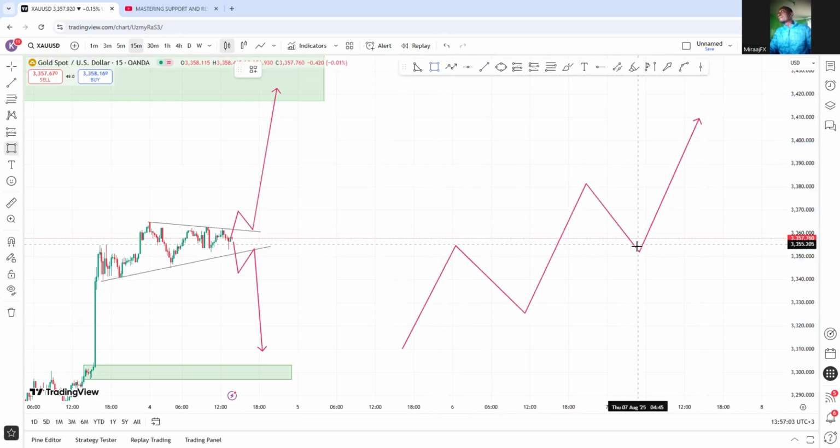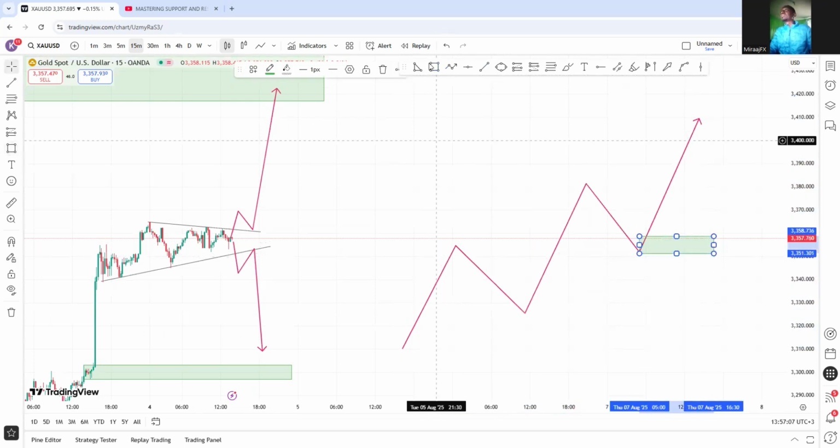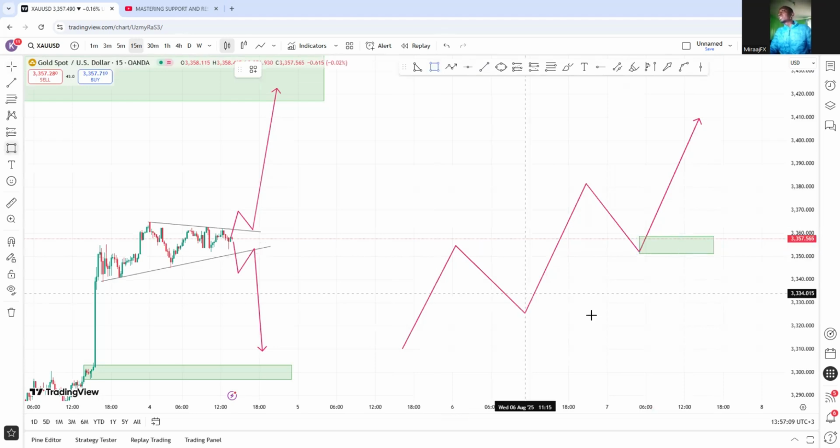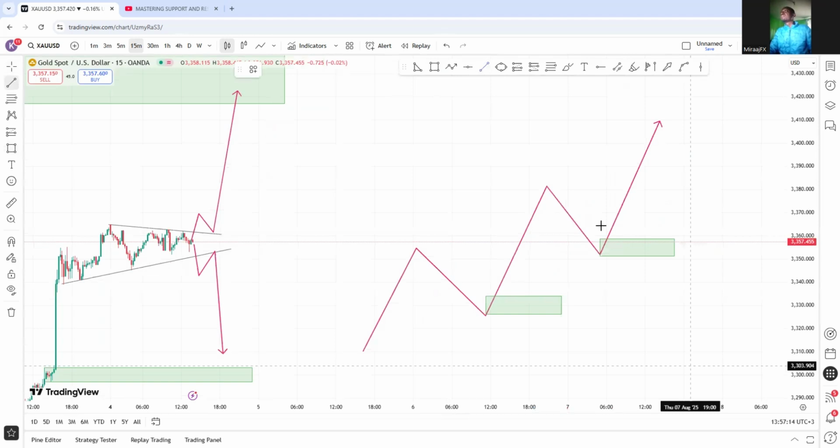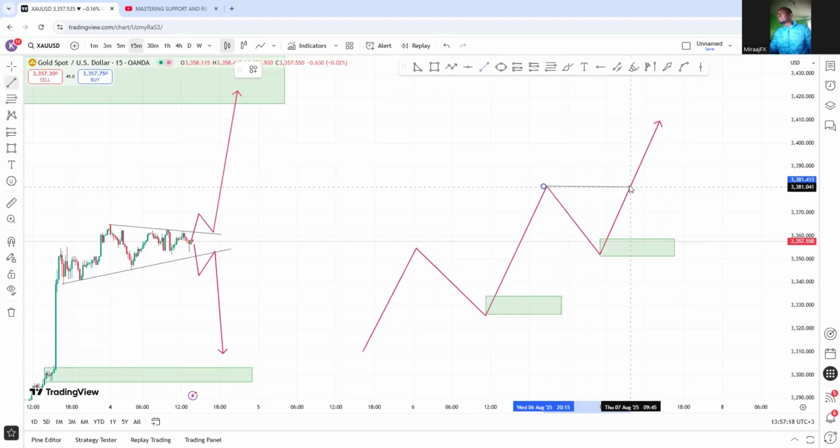These are your supply and demand zones. Those are the areas you're supposed to be looking out for, because the market will definitely revisit those areas, especially if a break of structure has been formed.